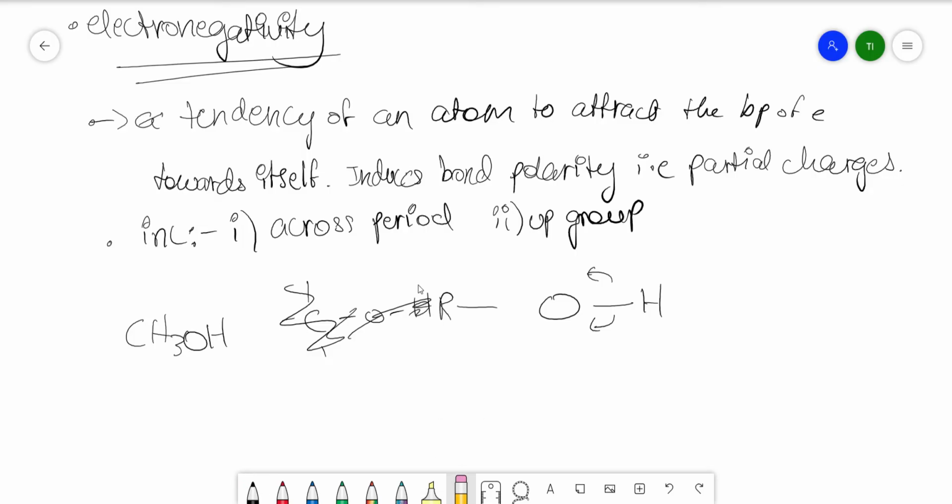And because of that, it gets a partial negative charge. Not fully, because it doesn't attract the electrons fully towards itself. The electrons do not fully belong to oxygen yet. But because it has more of the bond pair of electrons, it has a partial negative charge. And this has a partial positive charge, and the way you denote that partial negative or positive charge is this.